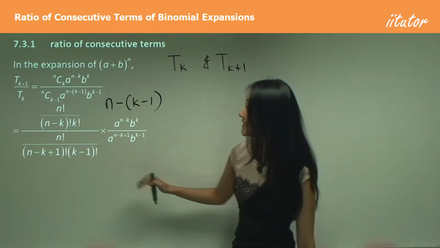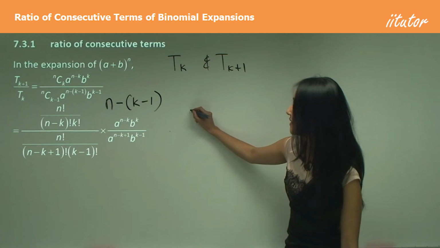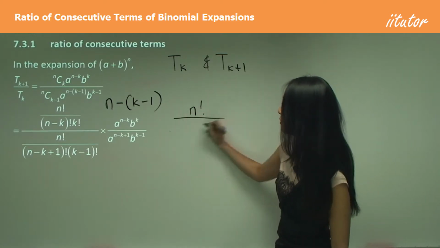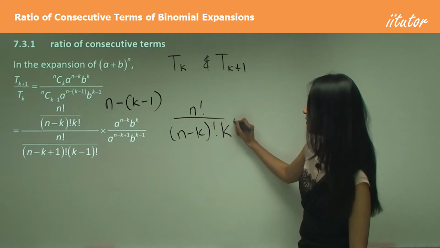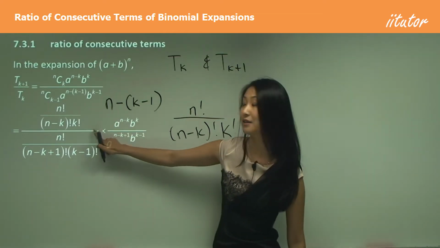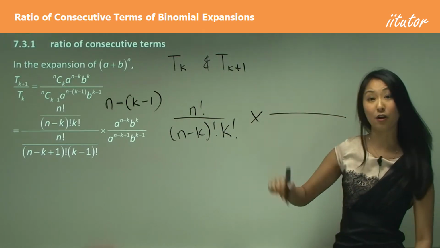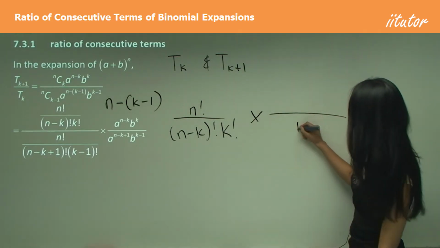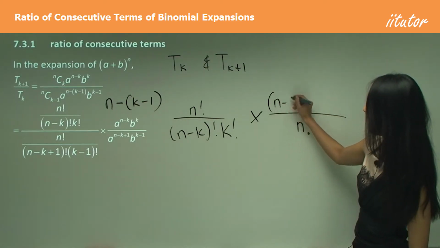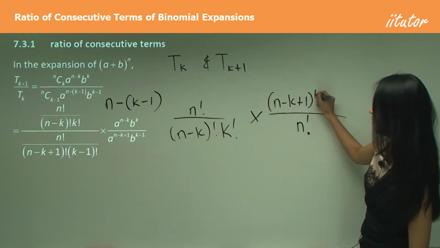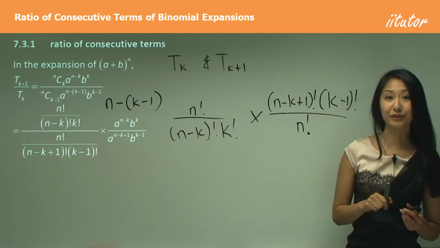And now I want to consider how we cross things out there. So essentially we have n factorial on n minus k factorial divided by that, which is also the same as multiplied by that whole thing flipped around, right? So multiplied by n factorial with n minus k plus 1 factorial, k minus 1 factorial there.